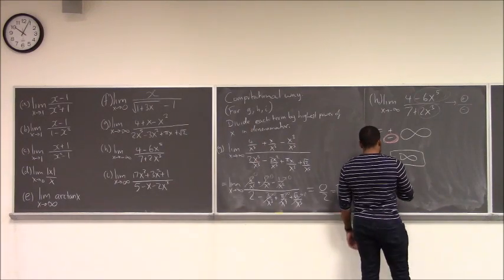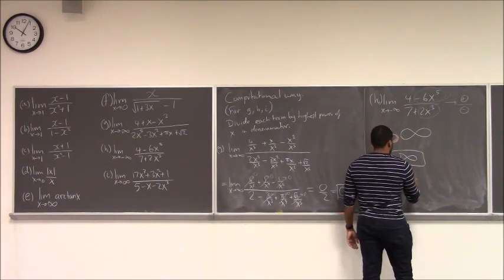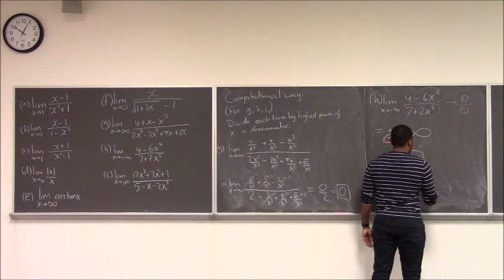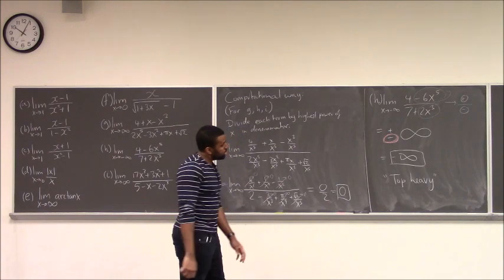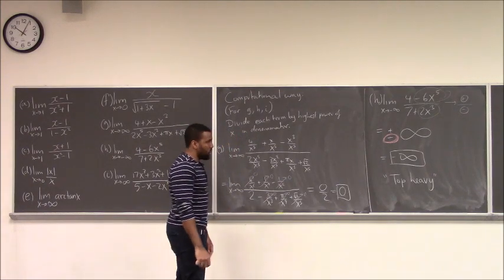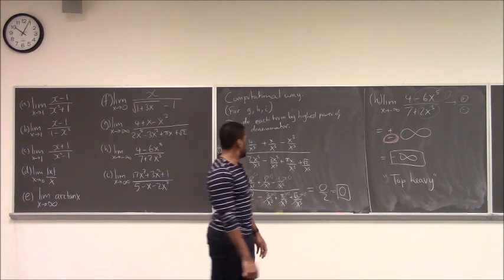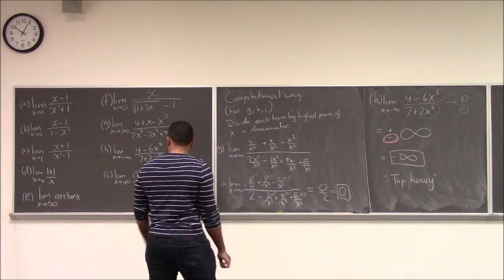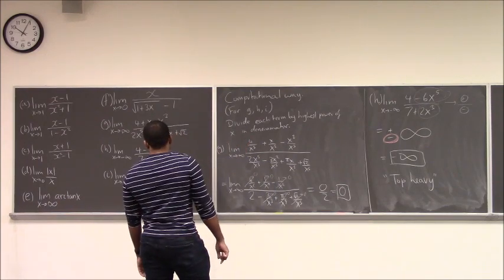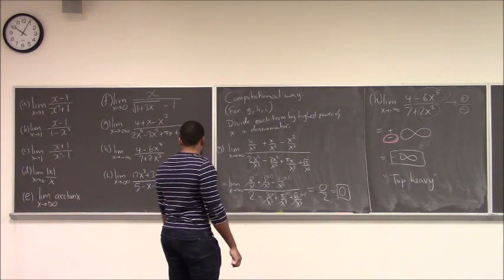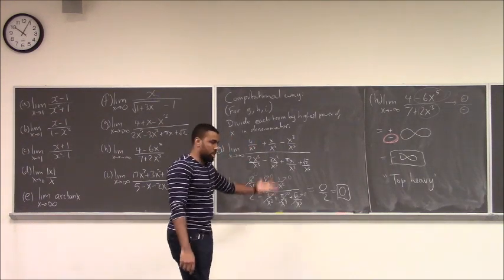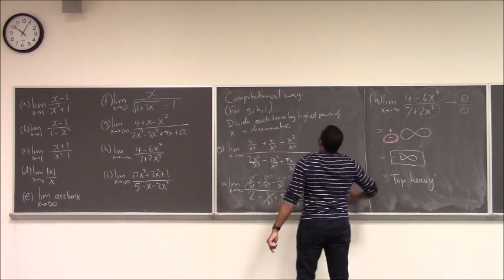This one I will refer to as top-heavy, as in the bigger function is on the top, so it's going to overwhelm the denominator and go off to infinity. And you could go through something like this again, but I won't.